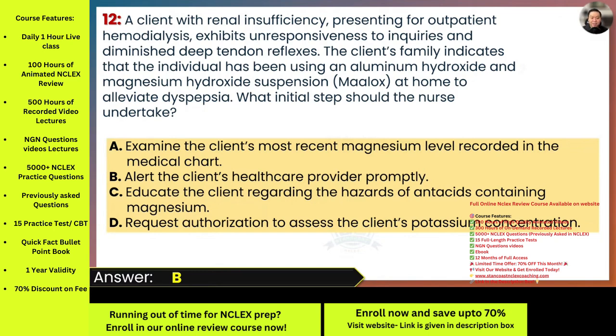Again, we're going to have to obtain those medical orders, such as possible calcium gluconate administration and possible immediate hemodialysis to remove the excess serum magnesium in their body.